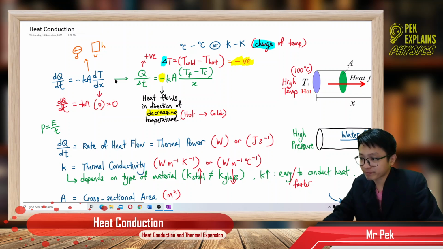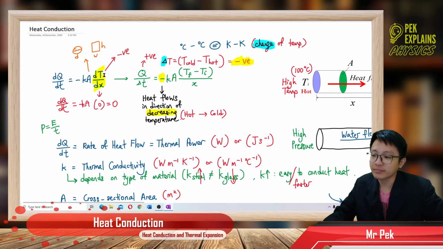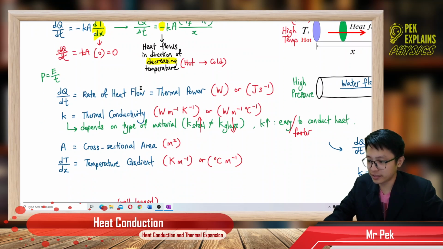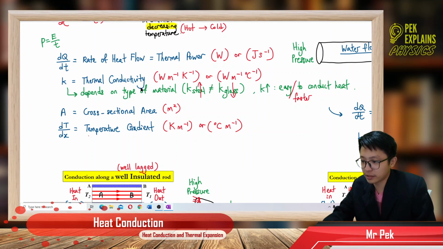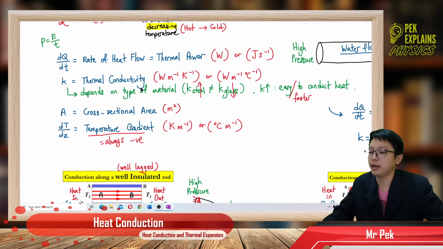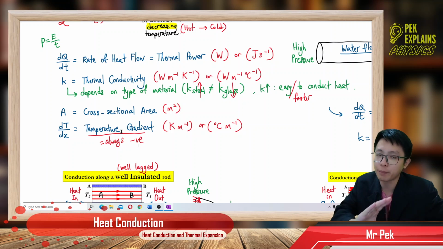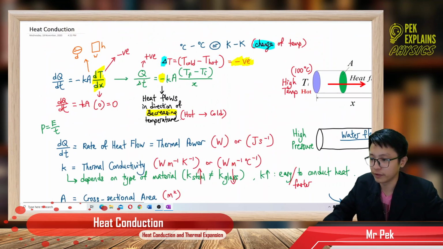That means dT over dx is always negative. You won't get a positive temperature gradient.